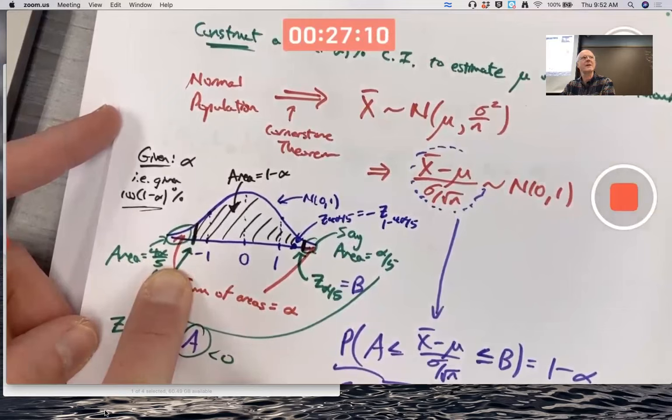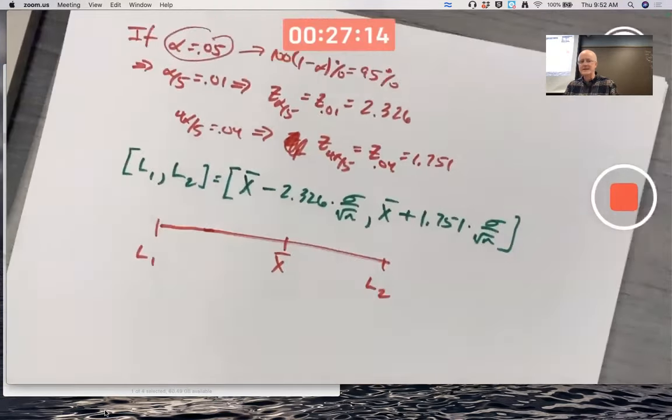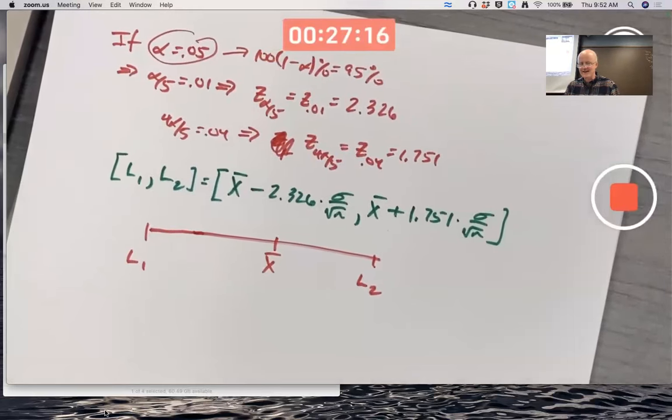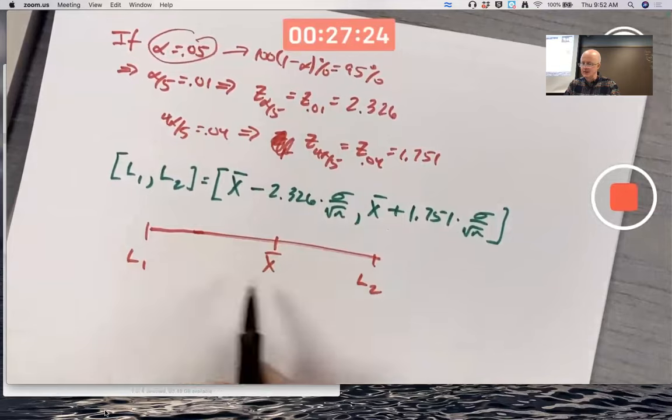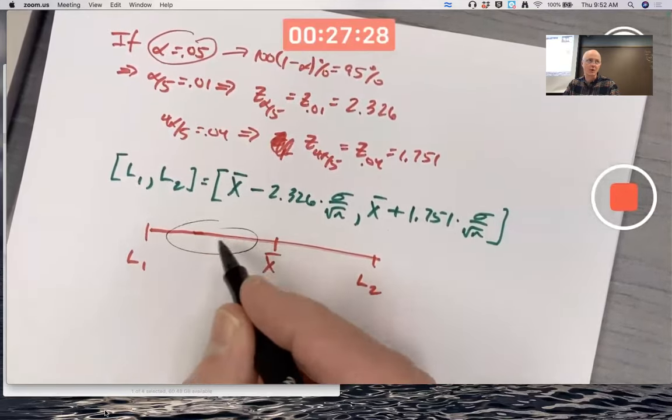Shouldn't it have been the other way around? Well, no, this is correct. That's the way the algebra works out for one thing, but intuitively, since this is longer than this is, you might imagine it's more likely that mu, the true value of mu, might be over here somewhere.